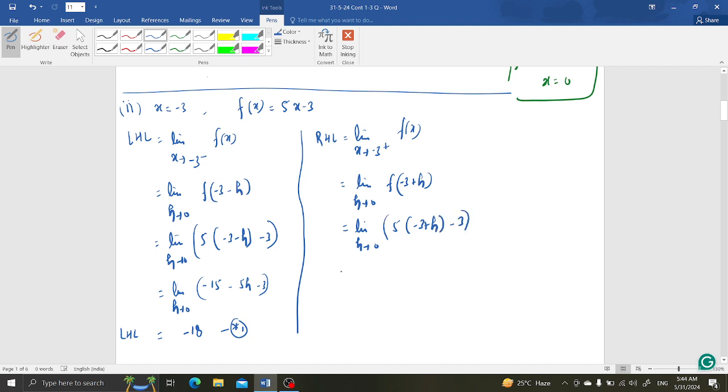Now limit h tends to 0 minus 15 plus 5h minus 3. If we apply the limit again we will get minus 18 here, and this is your RHL. Star 2 you have.